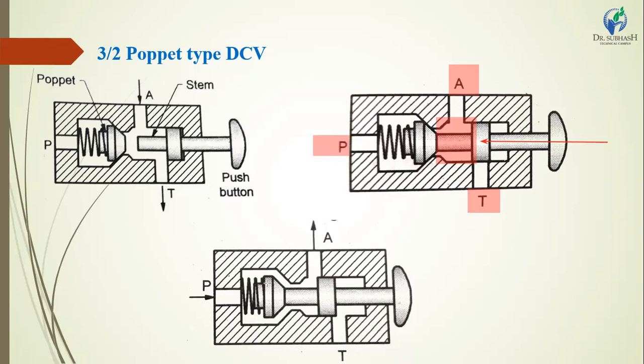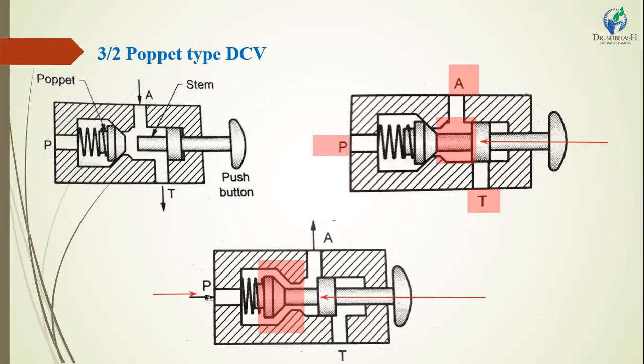The next figure is that if we apply more pressure to the push button, then the conical poppet moves from its original position and the spring is compressed. At this time the area of the conical poppet is open.